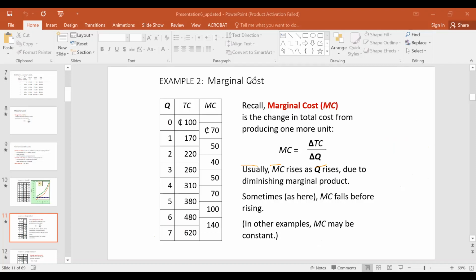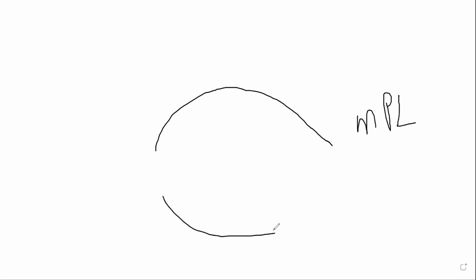Okay, let's go to a blank sheet and explain. So please remember this. We are going to have a mirror image of this marginal product of labor and something like the marginal cost.